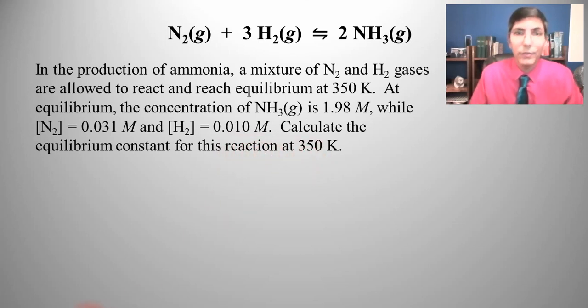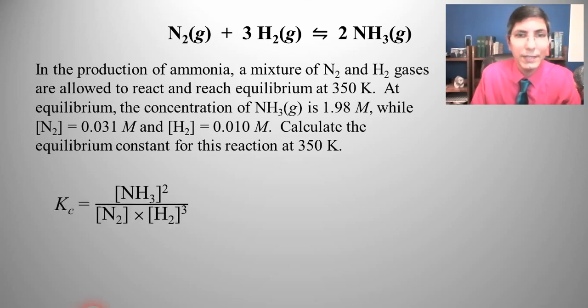So what we have to do is write the equilibrium constant expression first. So Kc is that same expression we just wrote. It's products over reactants raised to the power of the coefficient. And now we just have to plug and chug. We're going to plug it in and find the value of Kc.